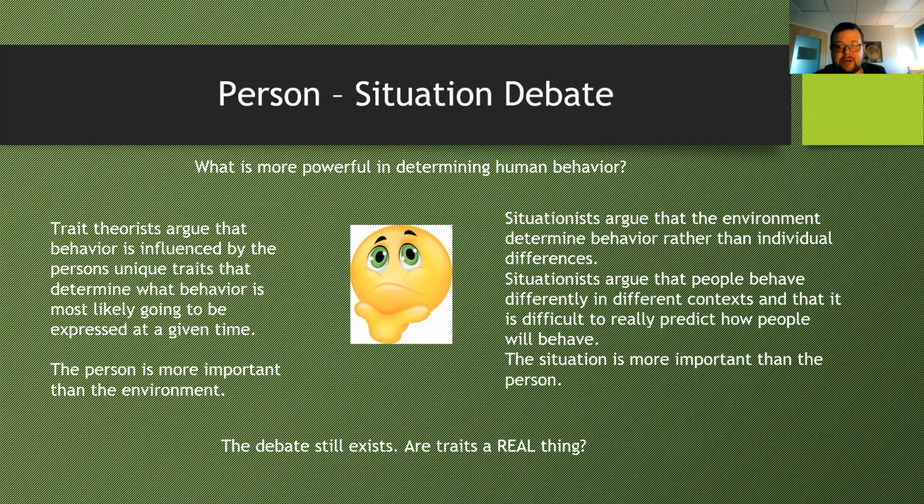Now again, trait theorists, because I've mentioned this already with states, will argue and accept into their theory that states are a real thing. So just because someone has a trait doesn't mean they can't act differently depending on the context. But overall, in the large scheme of things, someone's going to be relatively consistent. So with that, the person is going to be seen as more important than the environment.